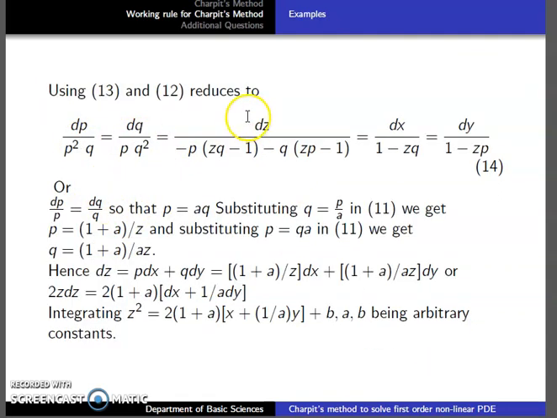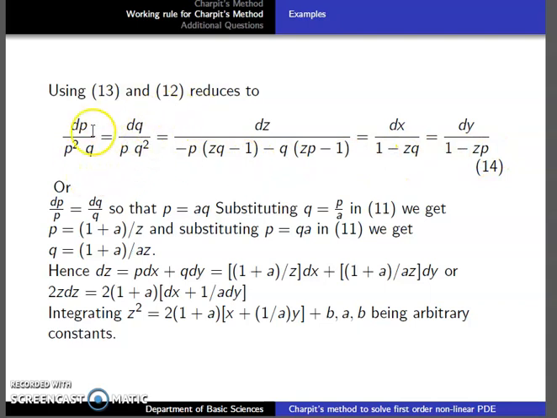Substituting the partial derivatives in the auxiliary equation, we get dp by p square q equal to dq by p q square equal to dz by minus p into (zq minus 1) minus q into (zp minus 1) equal to dx by (1 minus zq) equal to dy by (1 minus zp).